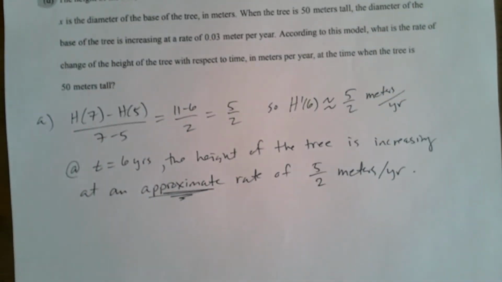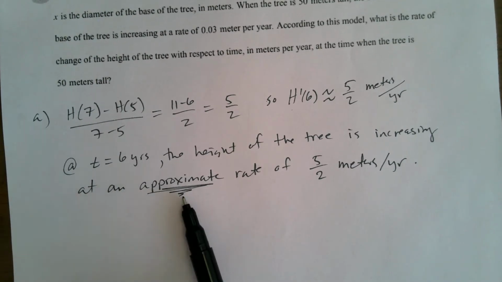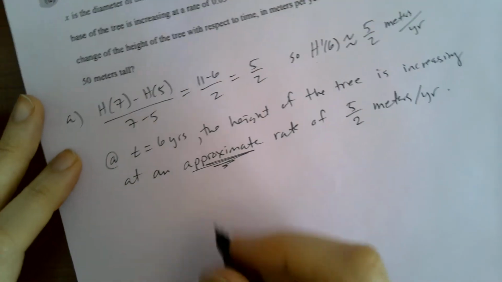Okay, this is not the derivative. This is an approximation for the derivative. So I am sure that if you didn't say approximate, they would not give you credit for the explanation. Okay, so this is what we practiced.